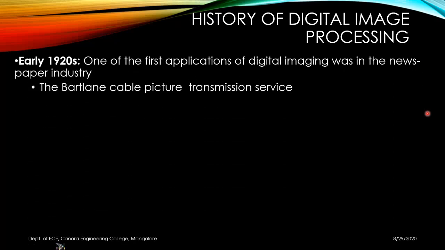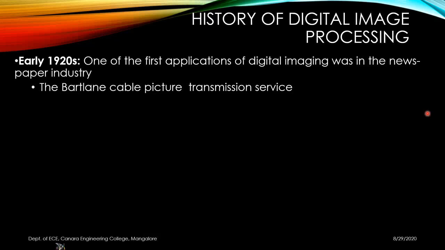They used to get lots of news across using the existing telegraph or telephone lines, which was already laid underneath the ocean. But getting the images across was a challenging task, because if you want to send a photograph, you need to ship it, and it will take weeks to reach the other side.